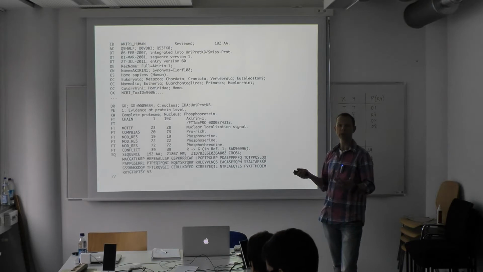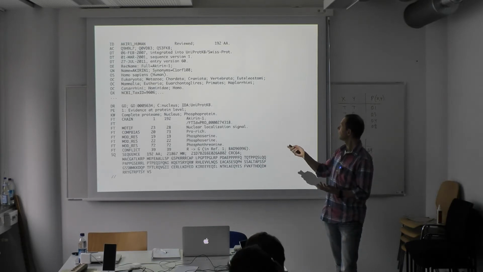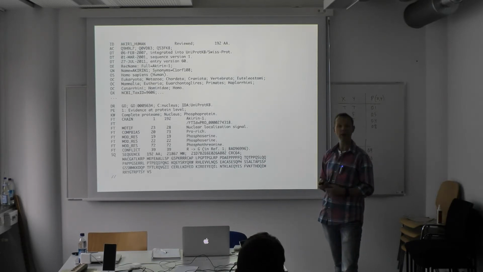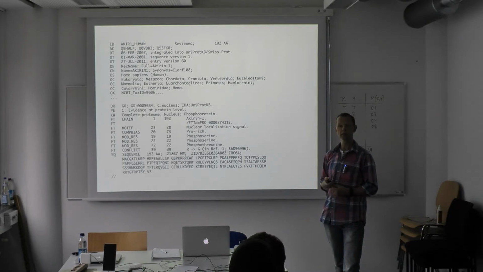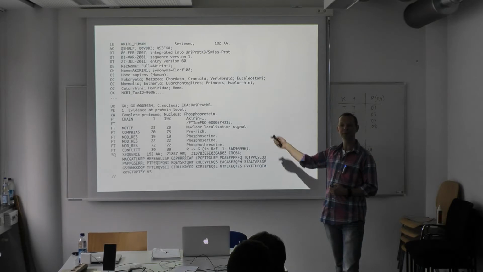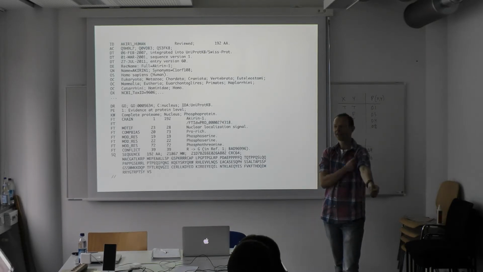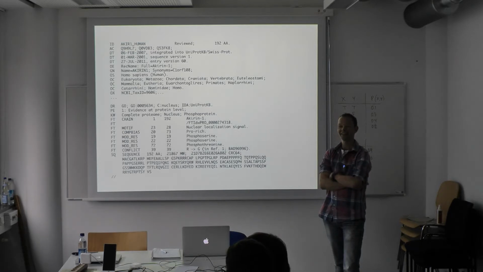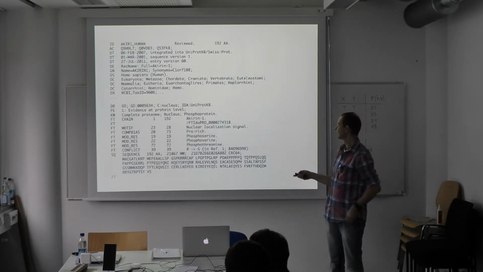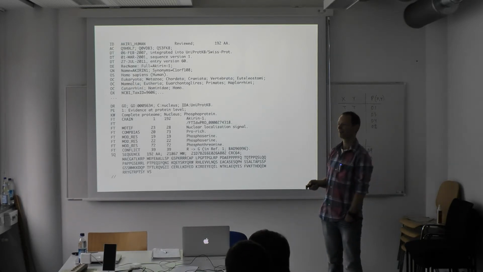Well, it could be done just by a database search. This is an entry from, can you say which database? Do you recognize this sequence or this format? Yes, Swissprot, it comes from Swissprot actually. Good.